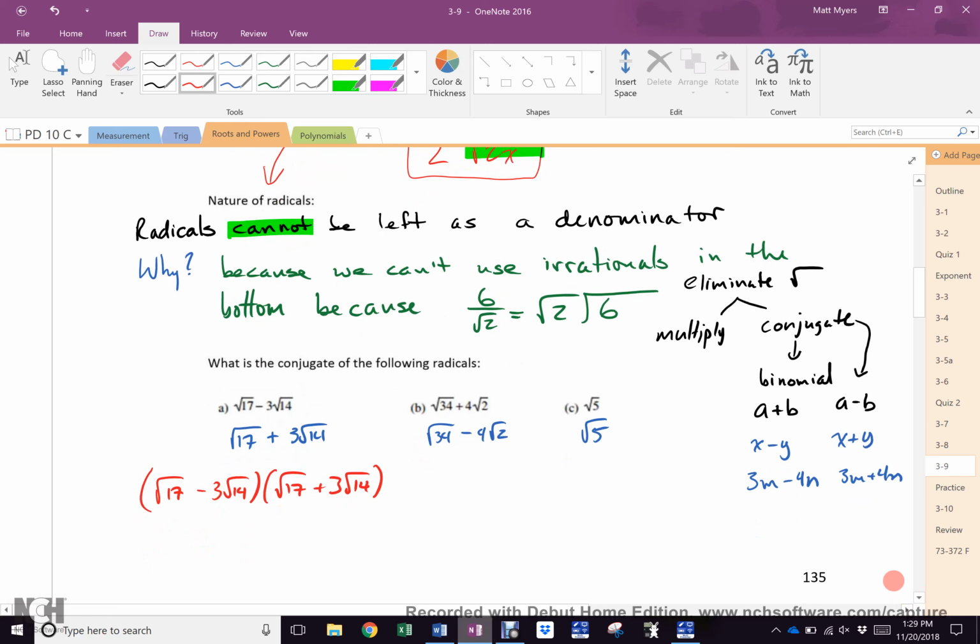What do I need to do here? I've got to distribute, yeah? Which we've already done, yes? What's root 17 times root 17? 17, right?